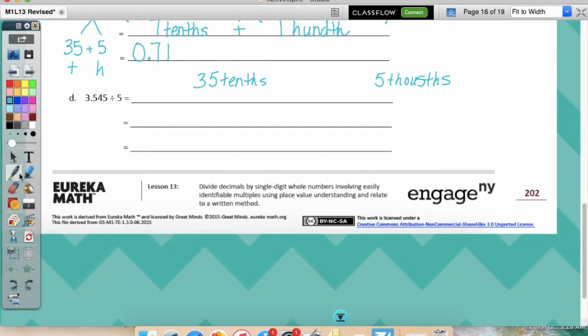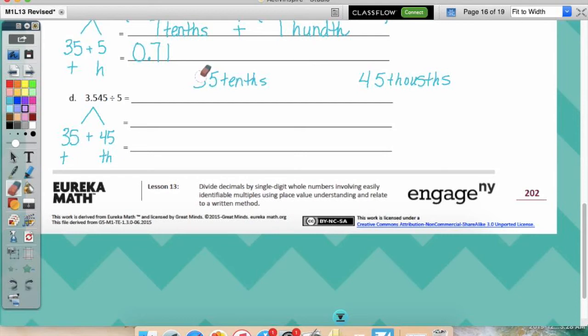So I'm moving the 4 over beside the thousandths. Okay, so how am I decomposing this again? 35 tenths plus 45 thousandths. And is that the same thing as 3 and 545 thousandths? Yes. Yeah, it is. I just moved digits across. I didn't change the value of anything.